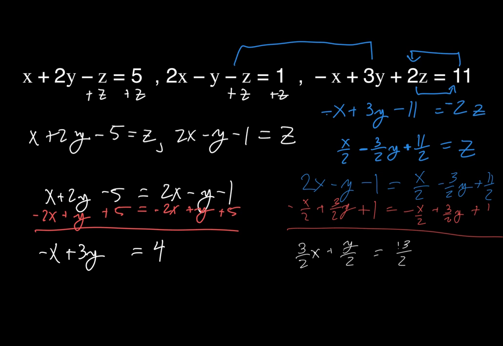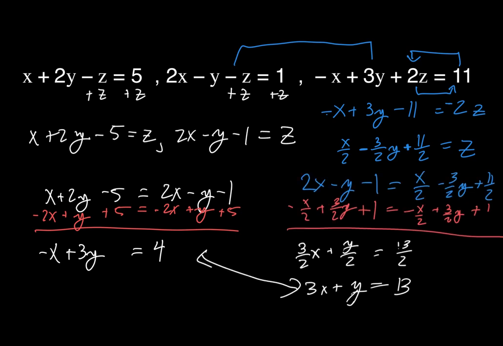Remember the work we just did on fractions? They all have the same denominator. Since they have all the same denominator, I can only look at the numerators and rewrite my equation like that. Now I've got these two equations to work with that only have x's and y's, and that's what my goal was.